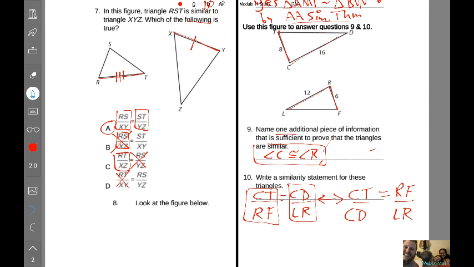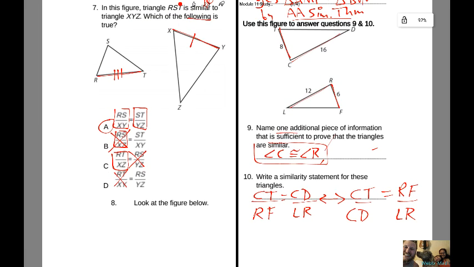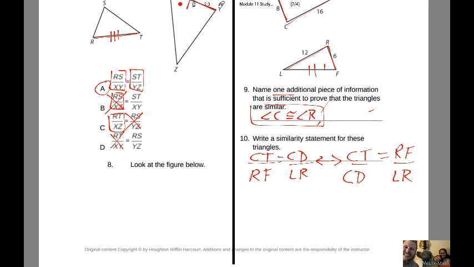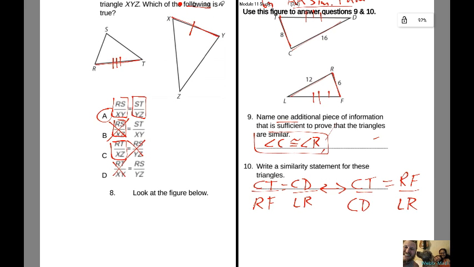So we got 2 so far. Let's go ahead and make another one. What about TD, the biggest guy, the base, and LF? So TD should be proportional to FL, and then you could pick the smaller guy if you want, or the medium guy.